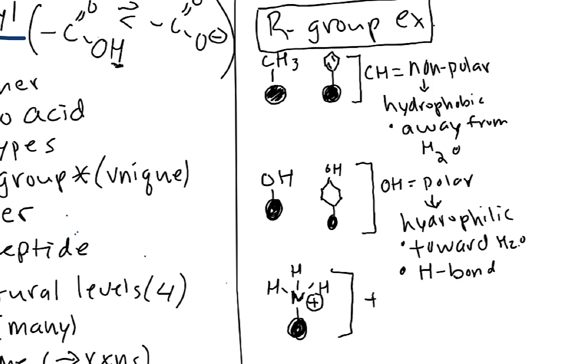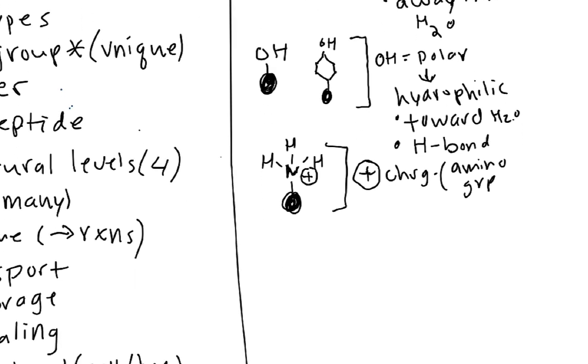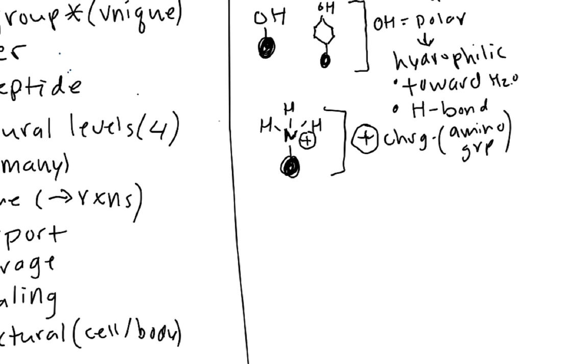So we have positively charged, you'll see amino groups for that. And then we also have carboxyl groups that can be on there. Let me draw it without the hydrogen, so it's in the form where it's already dropped those off. So this is negatively charged.